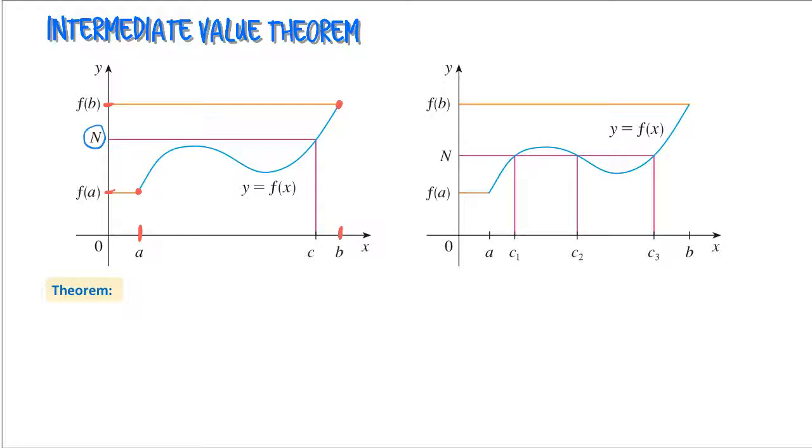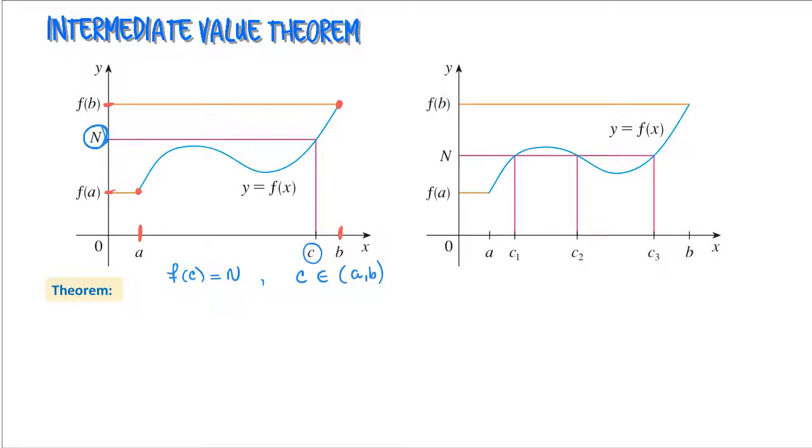If the function is continuous in [a, b], and we pick a y value between f of a and f of b, then there exists at least one x value. Here we're calling this x value c. There exists a c, at least one c, such that f of c is equal to n. But the beautiful thing is that c is going to be between a and b. That we know for sure.